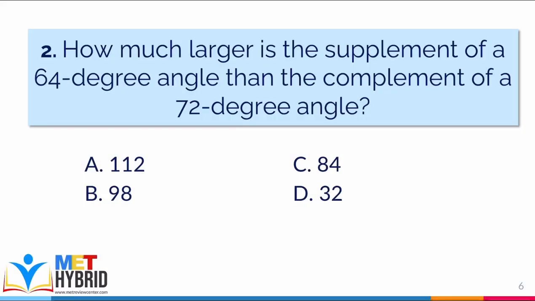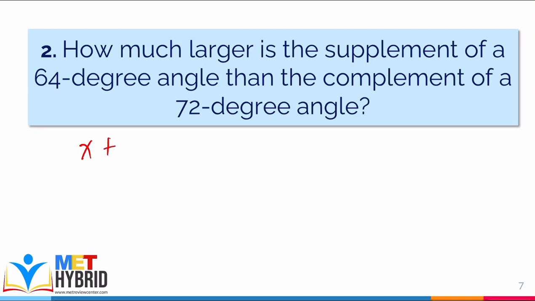Now let's proceed to the second question. How much larger is the supplement of a 64-degree angle than the complement of a 72-degree angle? So we let x be the supplement and y be the complement. Our working equations are x plus 64 degrees equals 180 degrees and y plus 72 degrees equals 90 degrees.